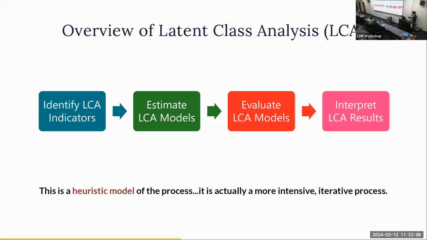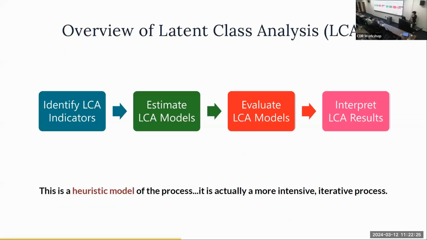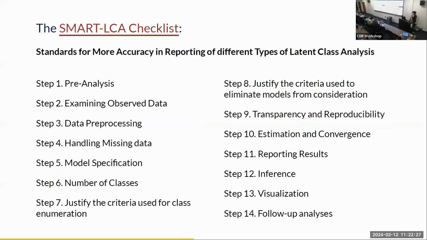It's actually a much more intensive iterative process, which I have linked here. This is a hyperlink to an article that talks more about the SMART-LCA checklist, which is the Standards for More Accuracy in Reporting of different types of Latent Class Analysis. You see there are 14 steps outlined here, more than 4. So just so you know, there's a lot that has to be done to get to that final class solution.